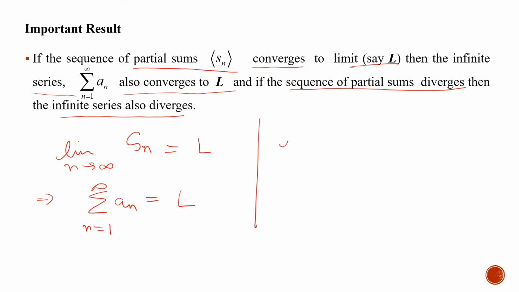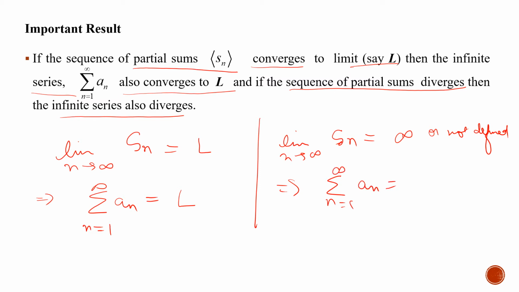But if you find the limit of this partial sum Sn and it is either infinite or not defined, then the series is divergent, that is, you cannot find the sum of the series.